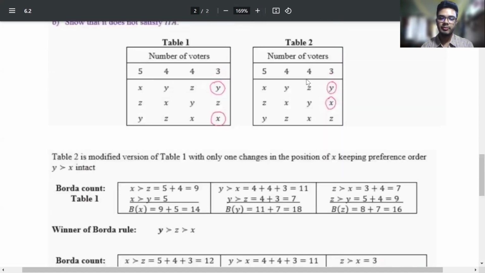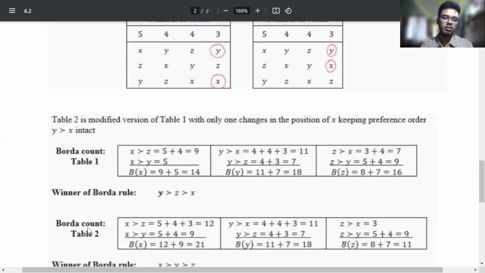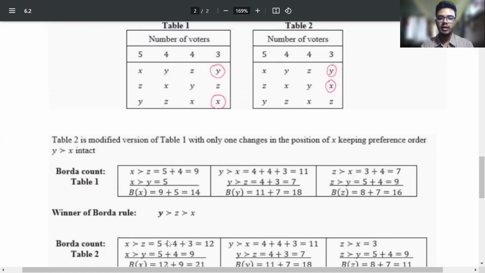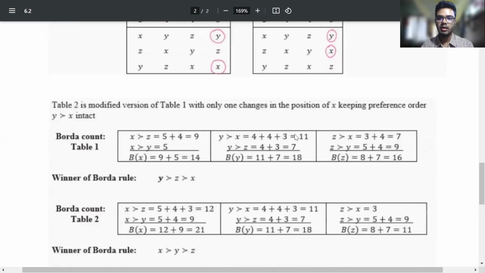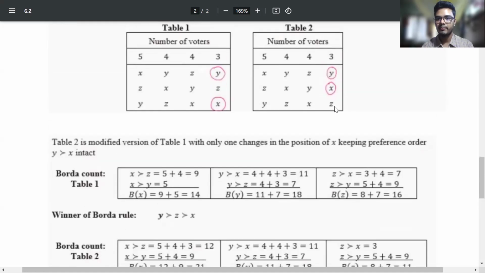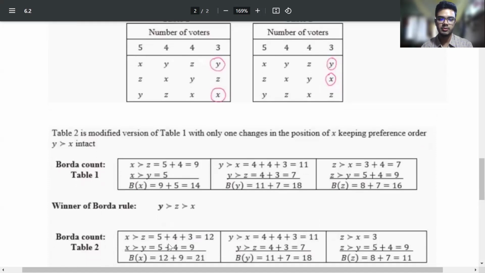For table 2, we count the Borda count in the same way. X is preferred to Z, here we get 5 votes. X is preferred to Z, 4 votes. And X is preferred to Z, we get 3 votes. 5 plus 4 plus 3 equals 12.